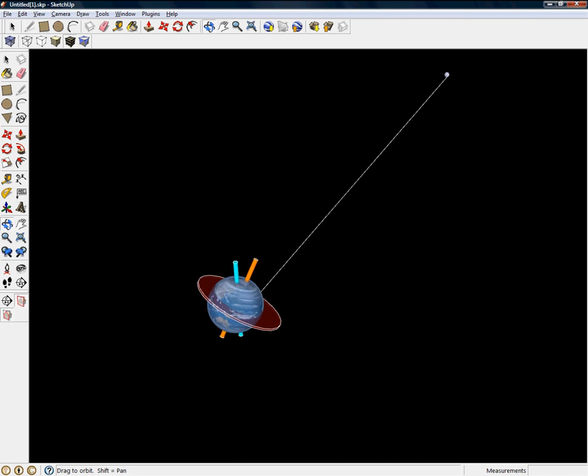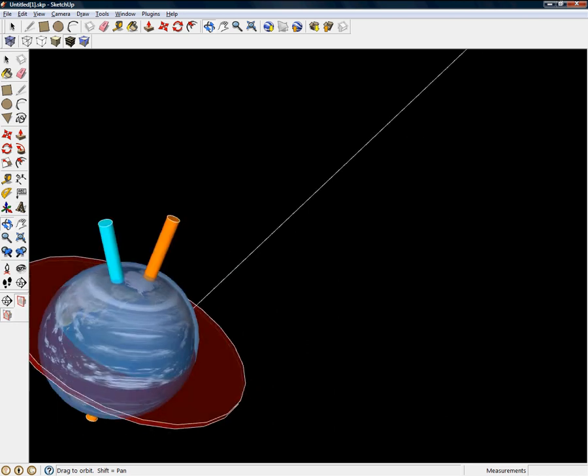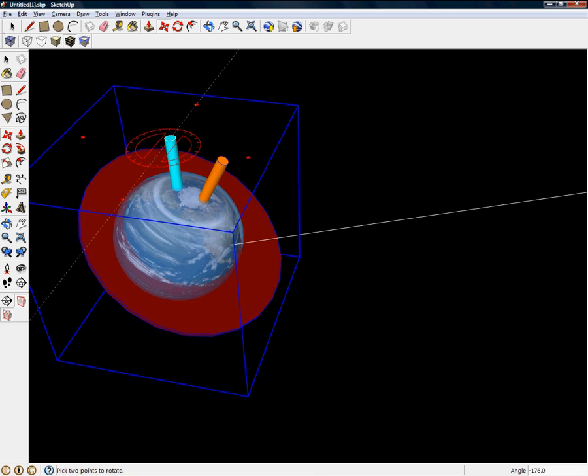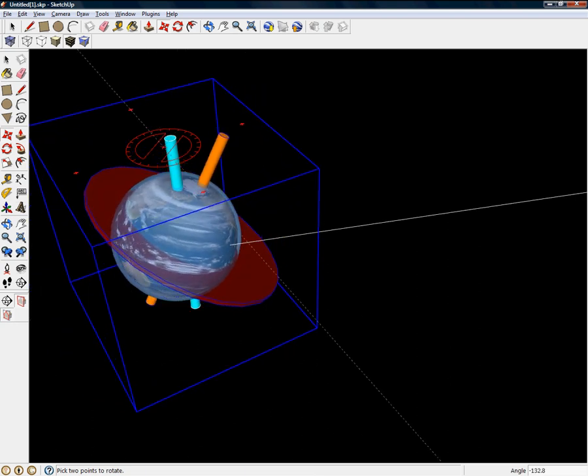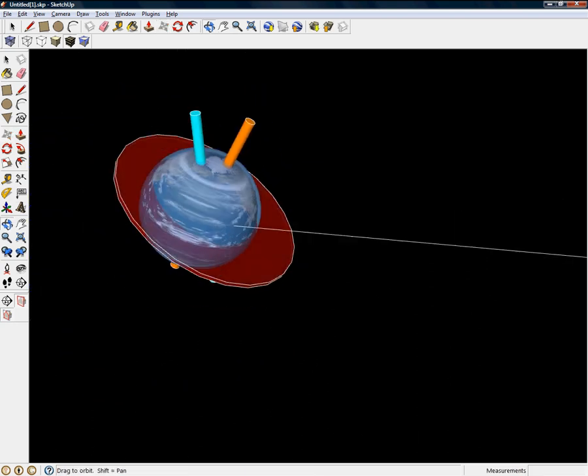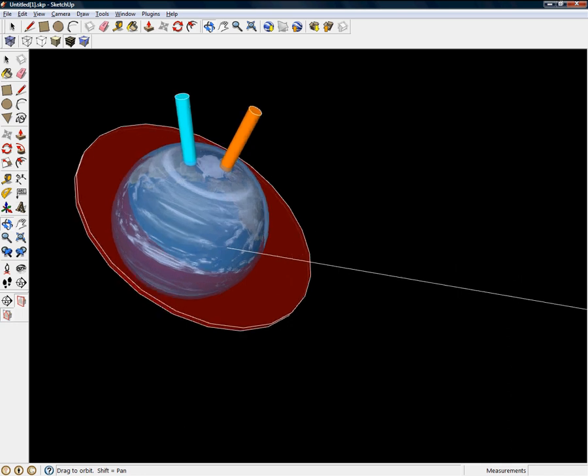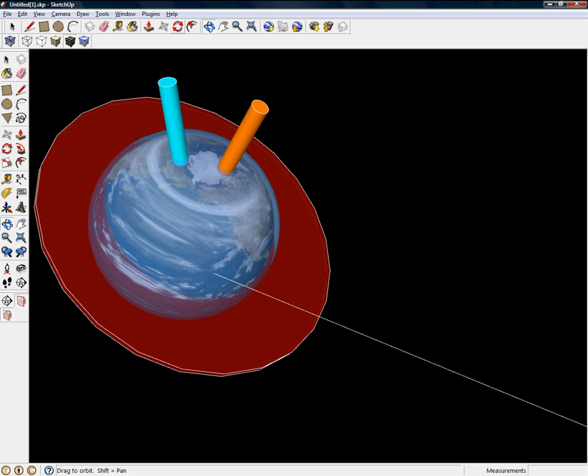Now what happens when we go ahead and change the precession? Let's do that. So the precession changes. You'll see that this angle changed over here. And remember how the Earth is turning. Do not forget that.